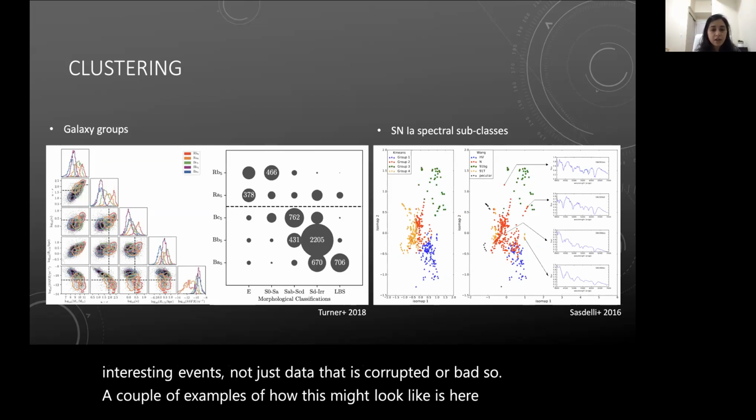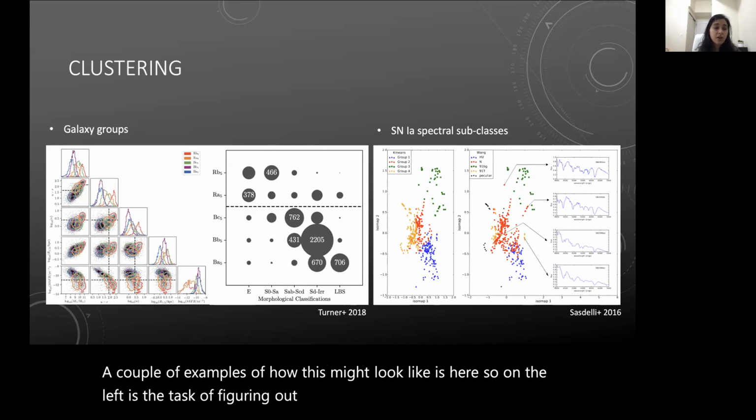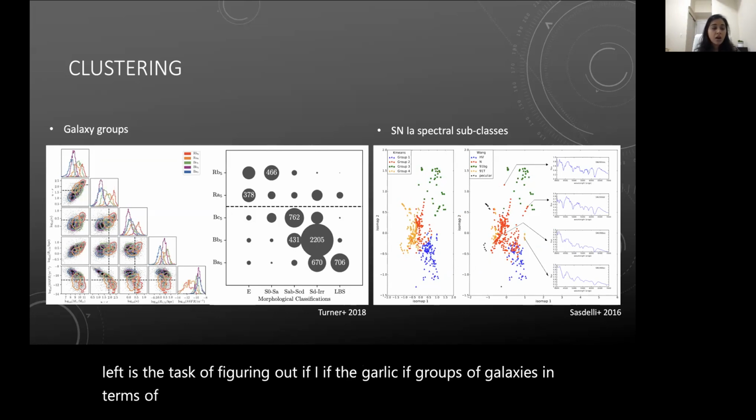On the left is the task of figuring out if groups of galaxies in terms of morphology are in agreement with what people have been doing with not as large data sets.